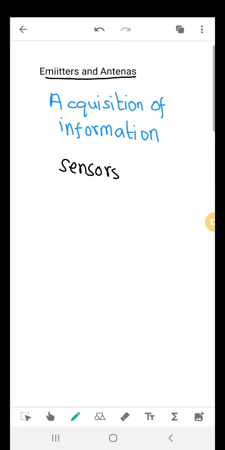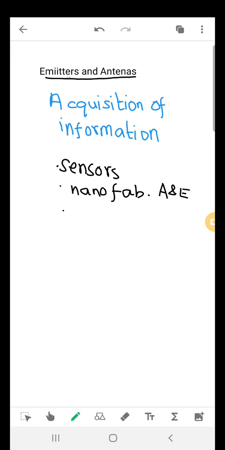Nanofabricated antennas and emitters can be designed to efficiently couple light into or out of devices across the electromagnetic spectrum. So now we are coming to nanofabricated antennas and emitters. We call it A and E. They are designed to couple light into or out of the device according to the electromagnetic spectrum.